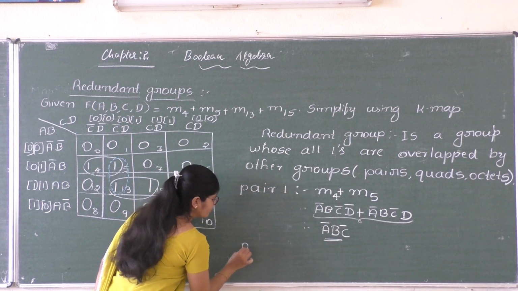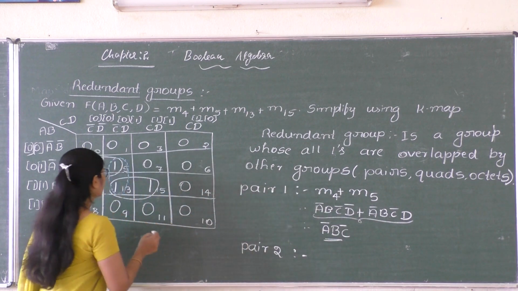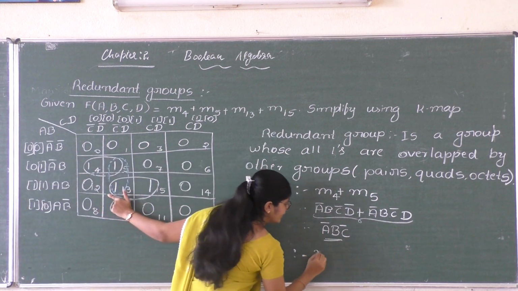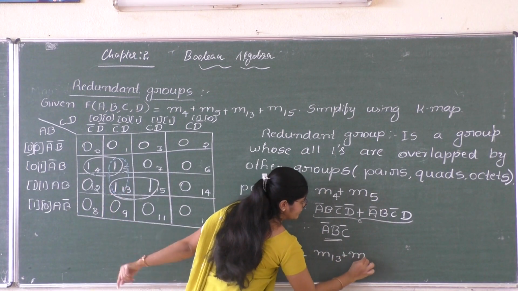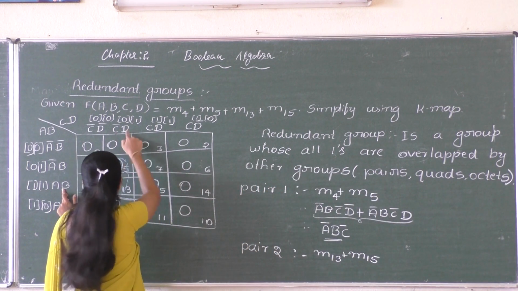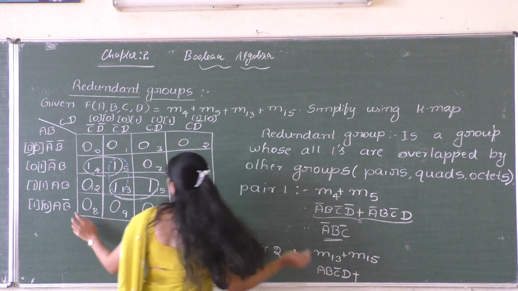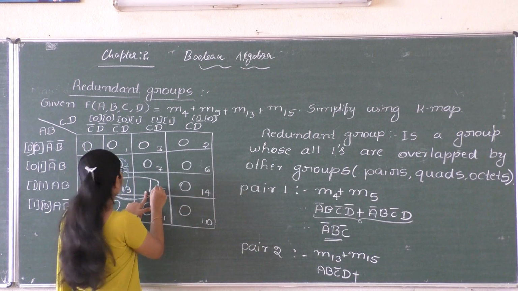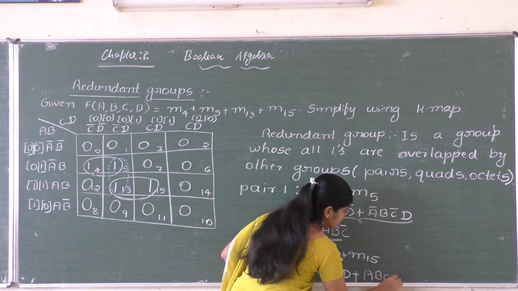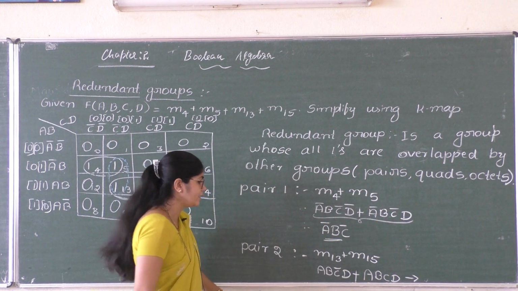From pair 2, that is by using m13 and m15, m13 plus m15, and minterm of 13th square is A B C bar D plus minterm of 15th square is A B C D. Now we shall write the common variables.